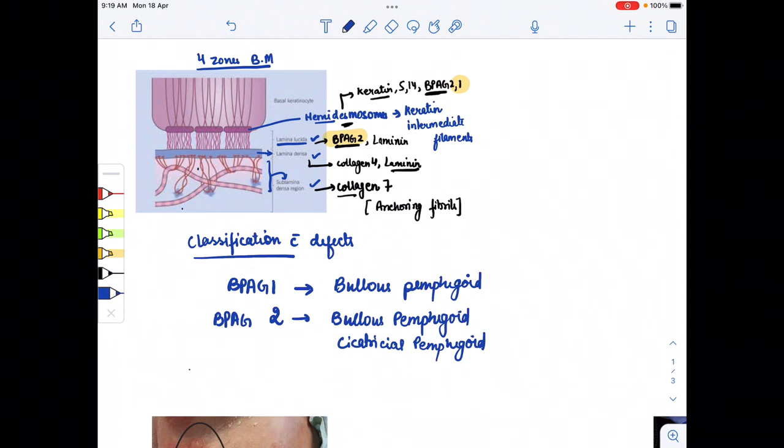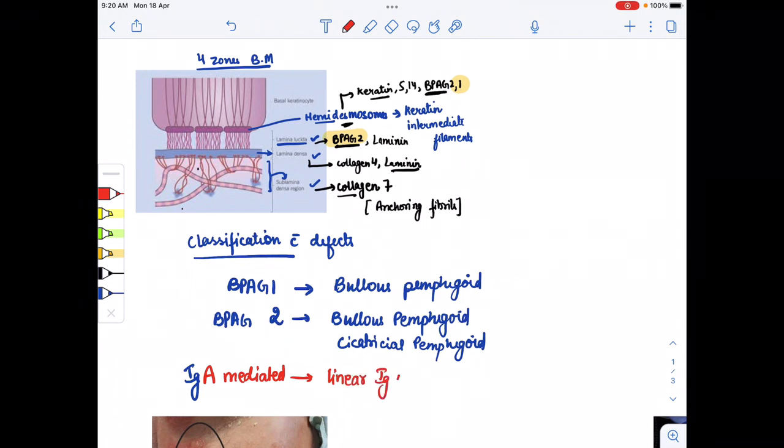And if it is an IgA mediated defect, please remember, it is known as linear IgA disease in adults, or chronic bullous disease of childhood.